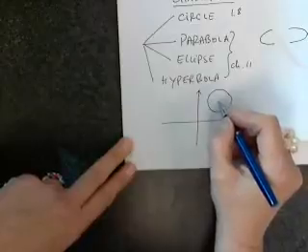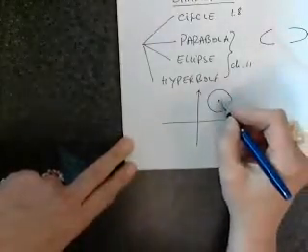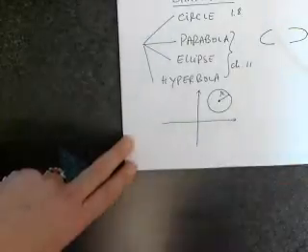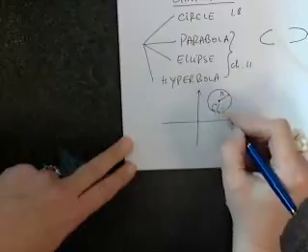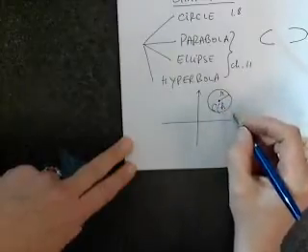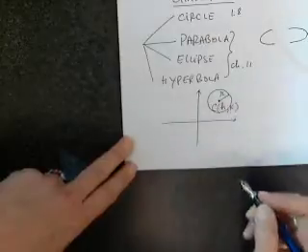Assuming this is a circle, and this is its center, and this is the radius, lowercase r. Normally we denote the center of the circle by C, and the x and y coordinates are denoted by h and k.